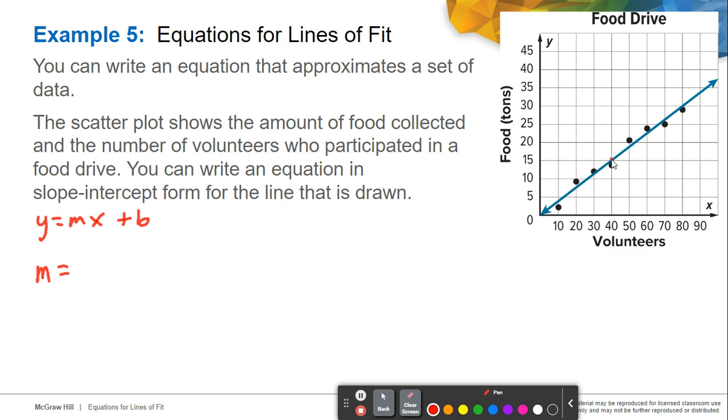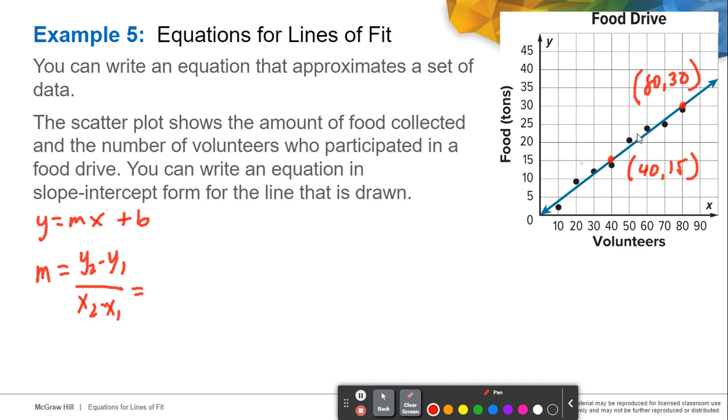So let's say this one, right? And also this one. If you read these points, we have this is 40 and 15, and then this one is 80 and 30. Okay, so we can actually follow our rule, y sub 2 minus y sub 1 over x sub 2 minus x sub 1.